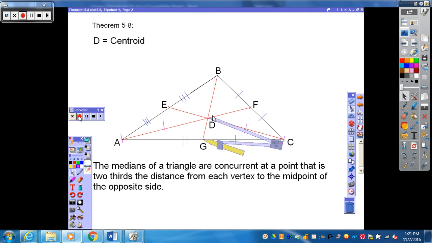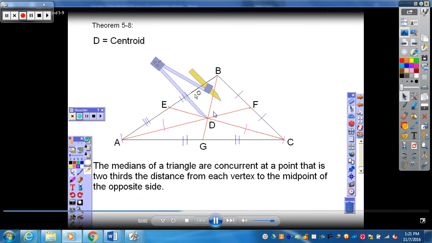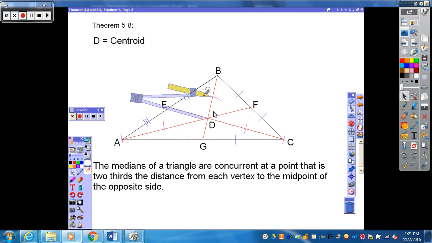If we take a look at the last median, I convert that length up here to BD, and what we see is that BD is twice the length of DG.